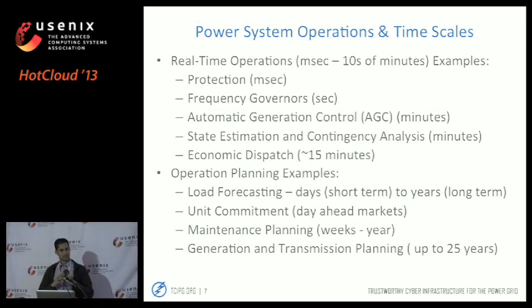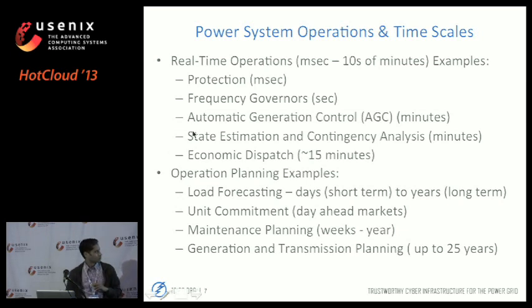So what is our interest in moving stuff to the cloud? I'll come to it, but I just want to use this slide. I think the millisecond and second scales, and maybe even automatic generation control, are feedback based. And in this paper, we're not proposing that they be moved to the clouds. Even with what we proposed, a lot of people found it heresy that we're suggesting that some of these things should be moved to clouds.